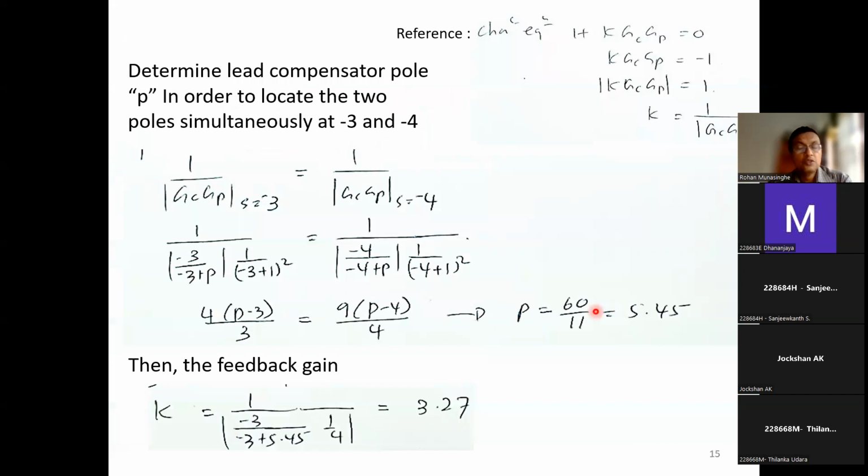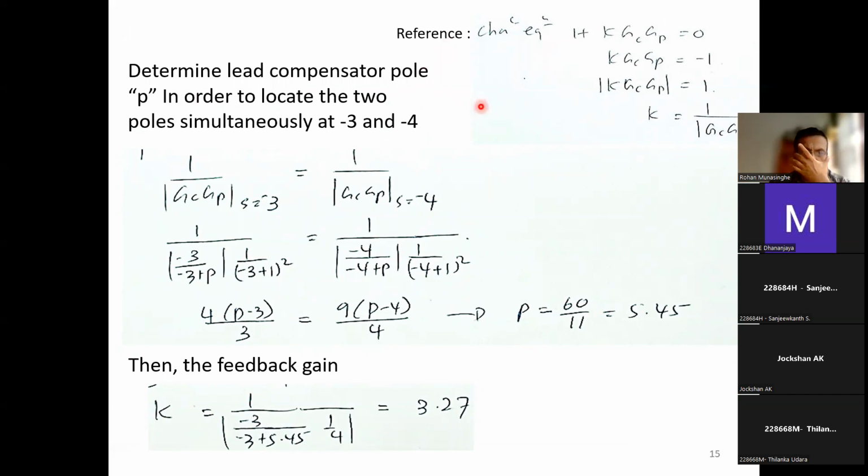Right. So now we want to determine the lead compensator pole in order to locate the 2 poles simultaneously at -3 and -4. Let's say you want to locate the poles at -3 and -4.